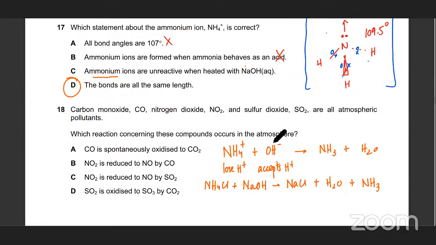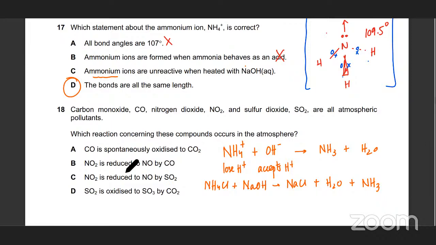Okay, after this, the next one is that carbon monoxide, NO2 and sulfur dioxide are all atmospheric pollutants. Which reaction concerning these compounds occurs in the atmosphere? So the first one, NO2 is reduced to NO by carbon monoxide, which is probably not correct.